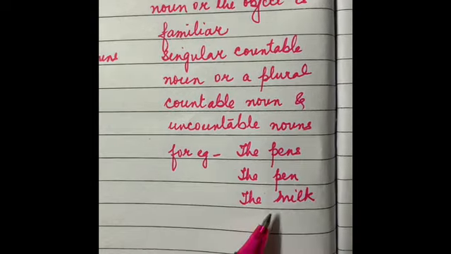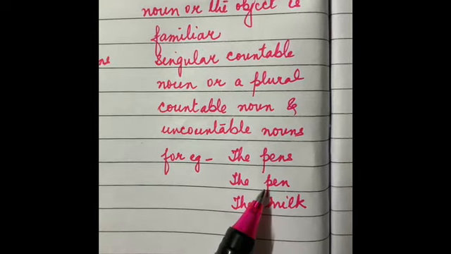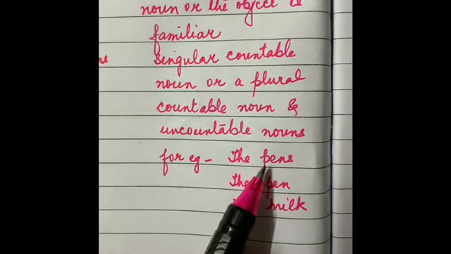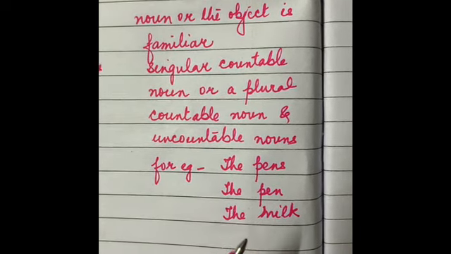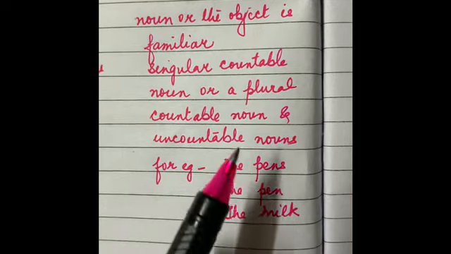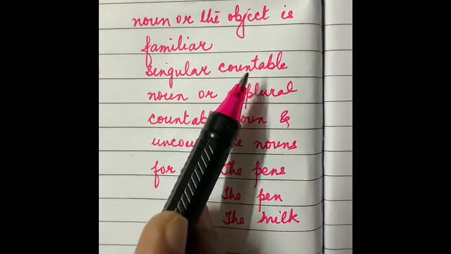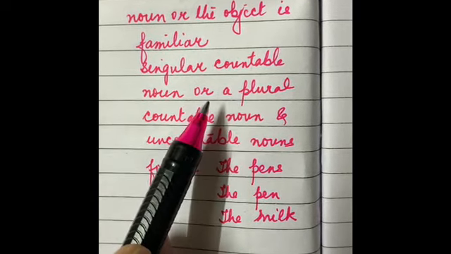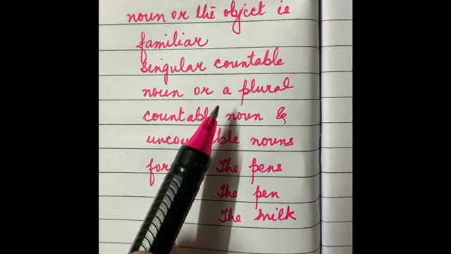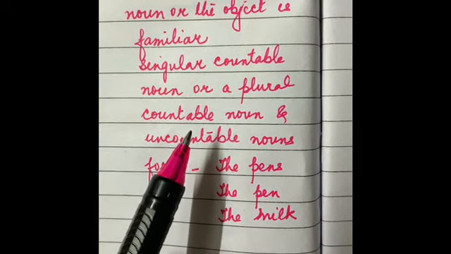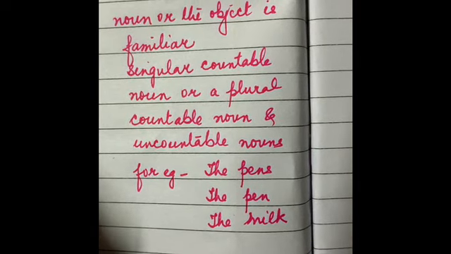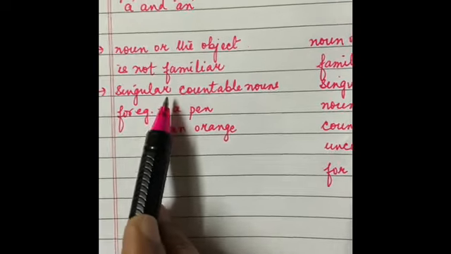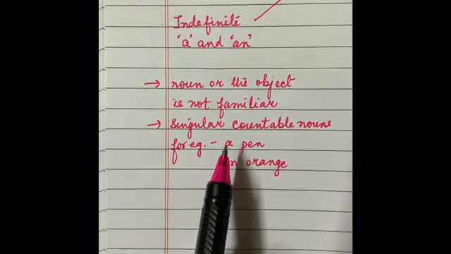For example, the milk, the pen, the pens. So it clearly shows that the definite article can be used before singular countable nouns, plural countable nouns, and uncountable nouns. But articles a and an are used before singular countable nouns.